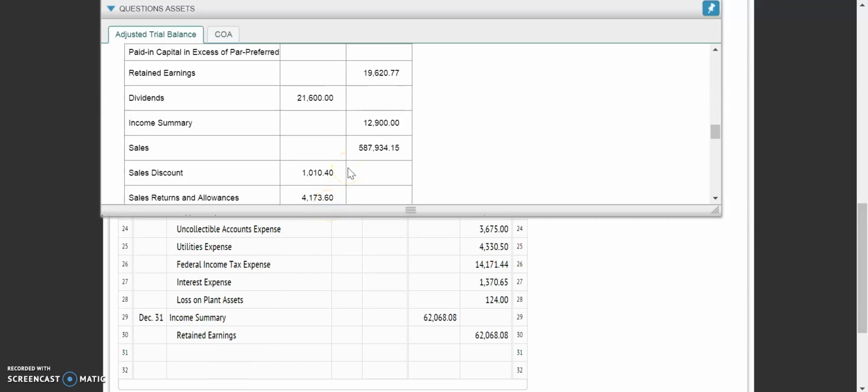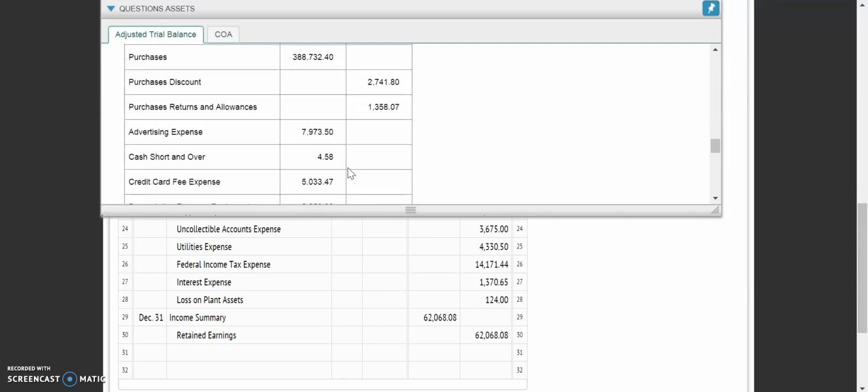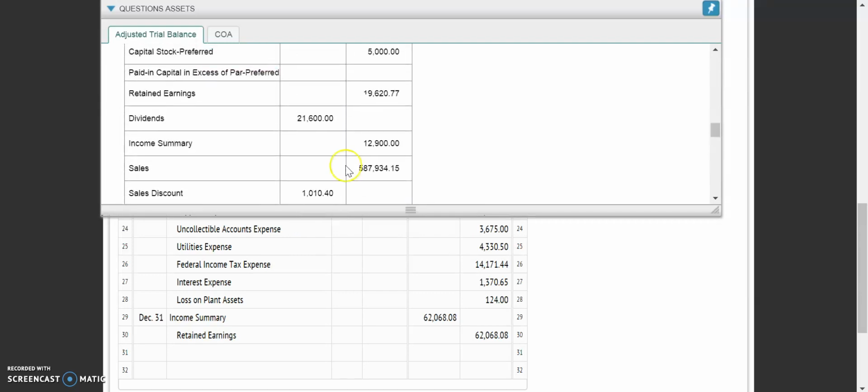And then our last closing entry, number 4, is to account for dividends. So dividends has to close. It has a debit balance, which means that we're going to have to close it. And remember, where do dividends come out of? They come out of retained earnings. So similar to that net income I was just talking about, retained earnings actually gets debited.